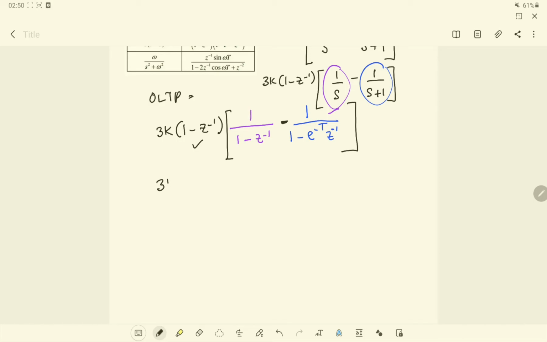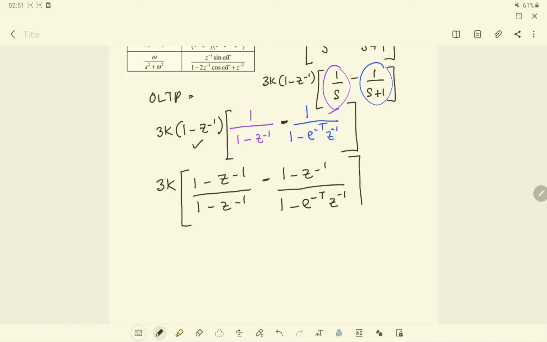So 3k times (1 minus z inverse) over (1 minus z inverse) minus (1 minus z inverse) over (1 minus e to the power of negative T z inverse). Now this becomes 1, so 3k times (1 minus (1 minus z inverse) over (1 minus e to the power of minus T z inverse)).